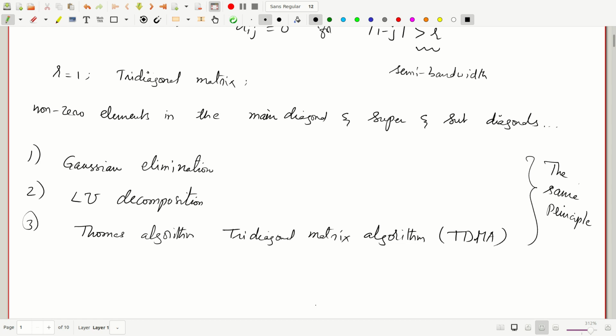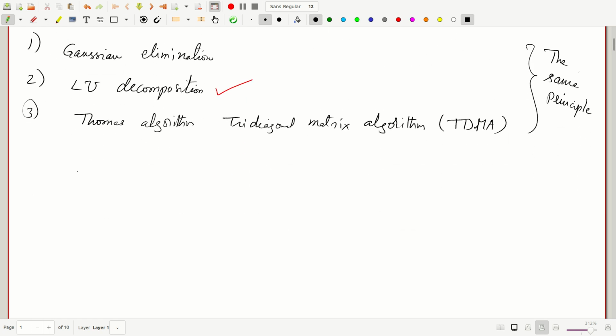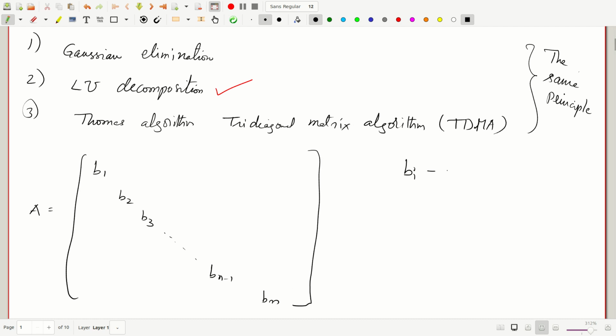We are going to see how LU decomposition works for the solution of tridiagonal matrices. As an example, let us consider a matrix A that is given by B1, B2, B3 all the way to B n minus 1 and B n. The B i are your diagonal elements.